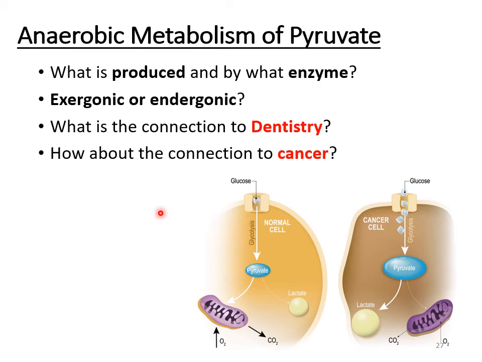Whenever you hear the Warburg effect, I want you to note that that is basically how cancer cells, which is the one on the right, even when oxygen is present, have a preference for anaerobic metabolism, where they go into a really speedy rate of glucose uptake and production of lactate through anaerobic metabolism. Okay, so they'll do that instead of going the aerobic cellular respiration route that the normal cells would do.